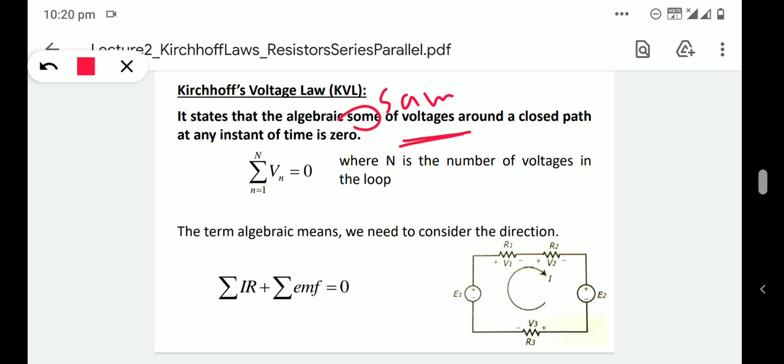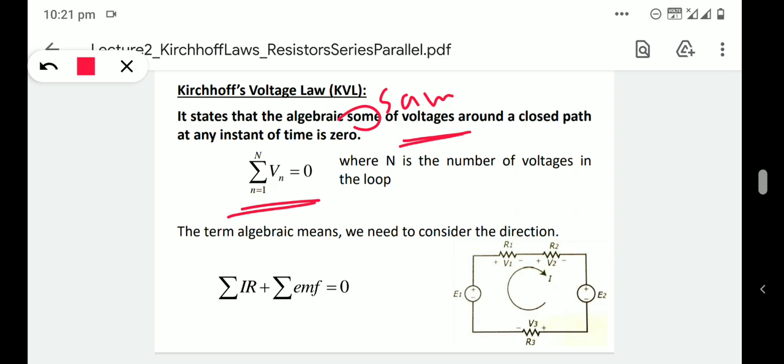If we are having any closed path, the algebraic sum of voltages around that closed path should be 0. Mathematically we can write it like this: sigma n ranging from 1 to N, Vn is equal to 0. The capital N is the number of voltages in the loop.